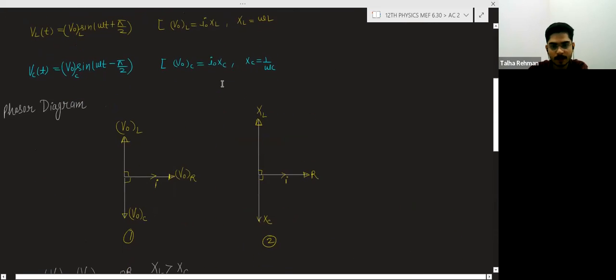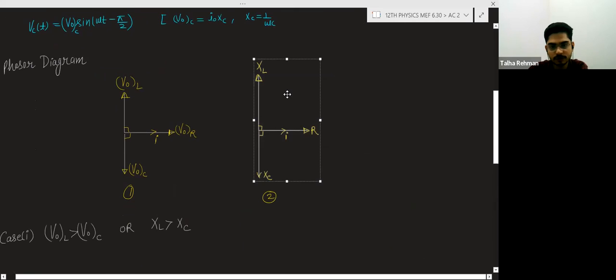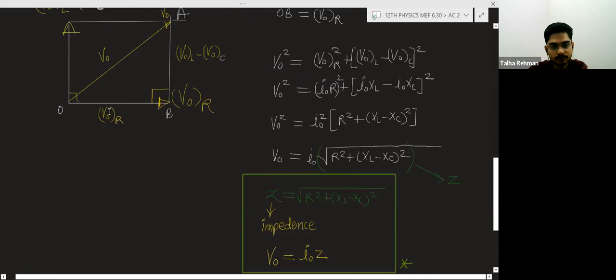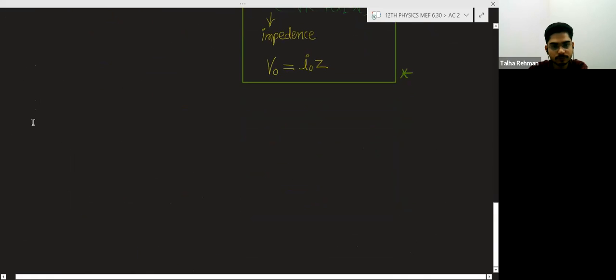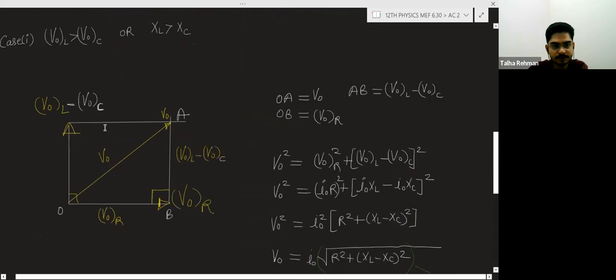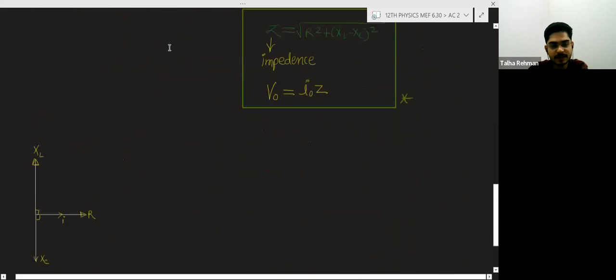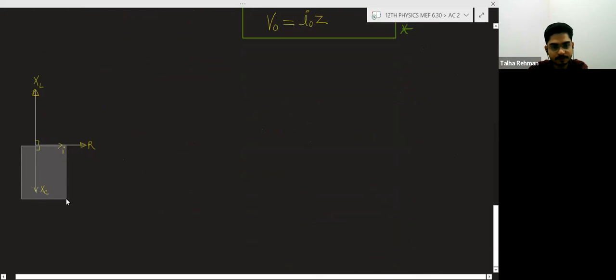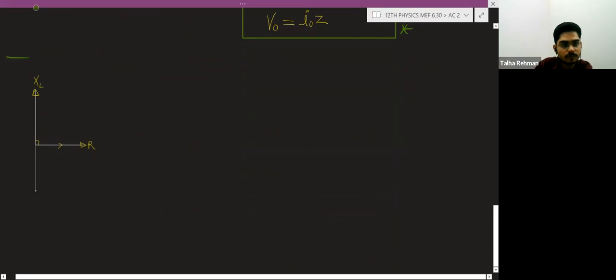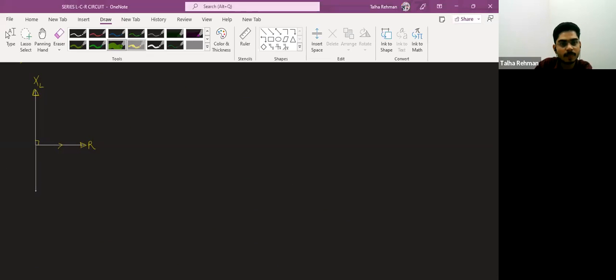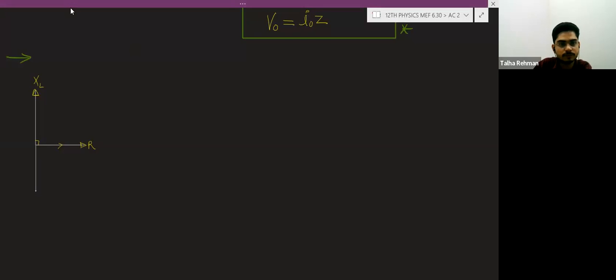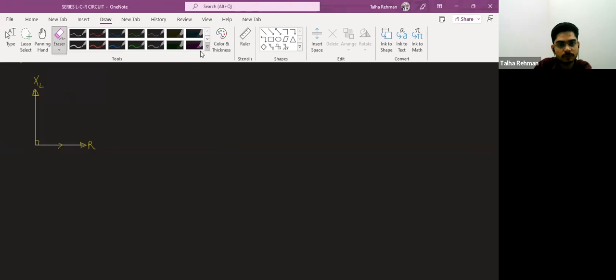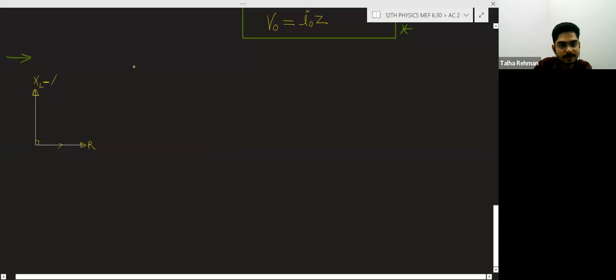Okay, so this diagram I will use now. Here in this case, XL is greater than XC, so we can modify this diagram. We can write here XL minus XC.